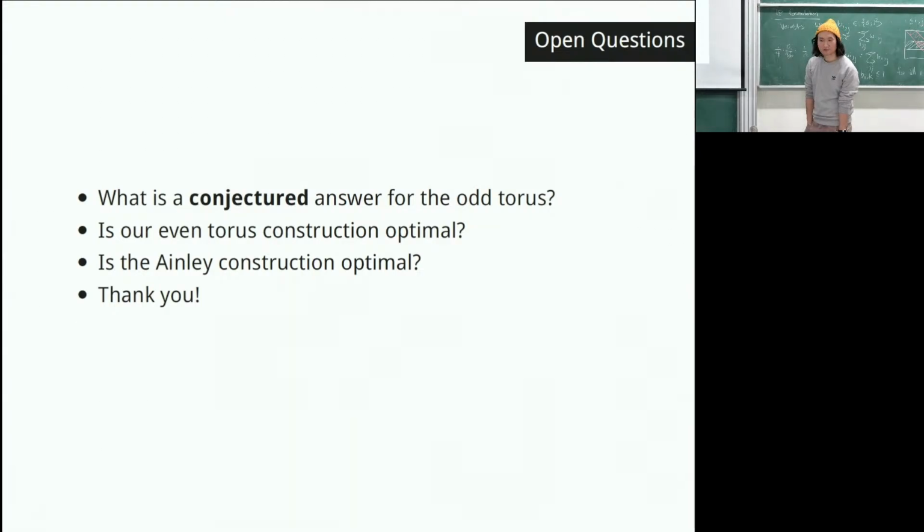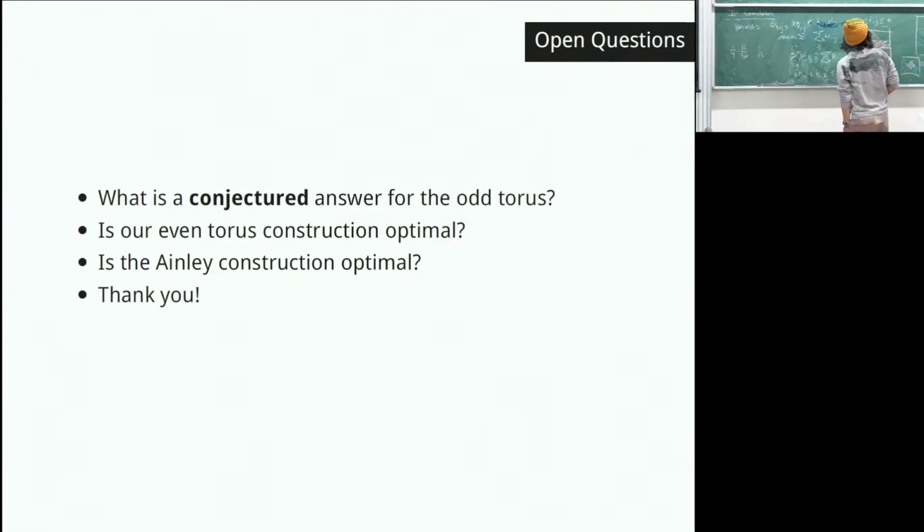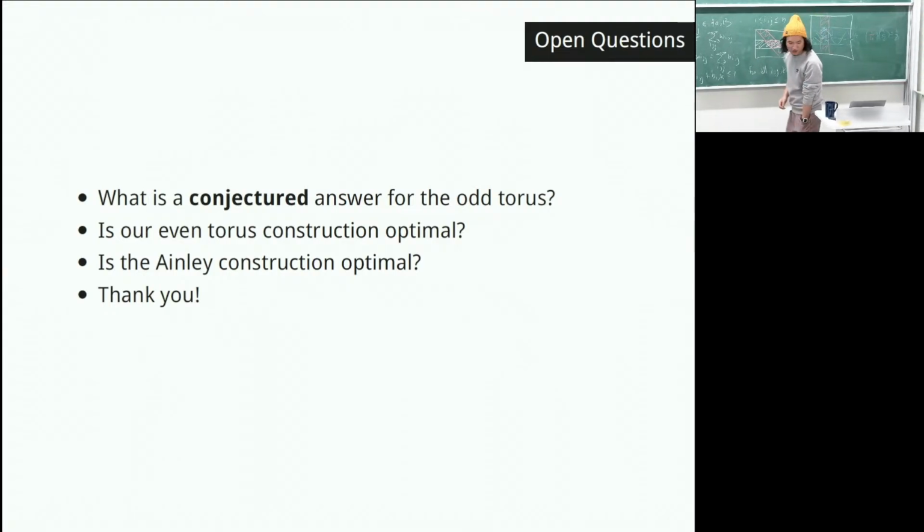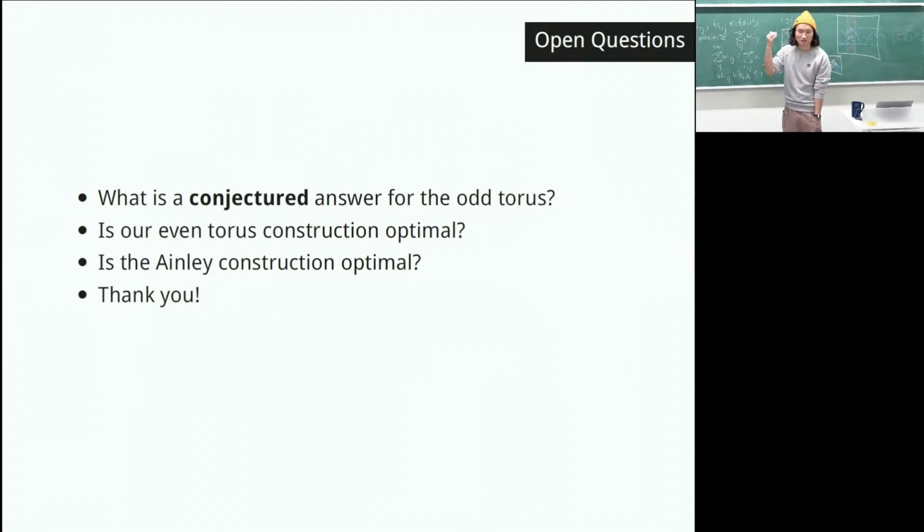I think the Ainley construction will be close to that. You can chop out just a small part of it, and then they'll be kind of separated by a diagonal. You'll lose some linear factor, but you won't lose too much, I think.